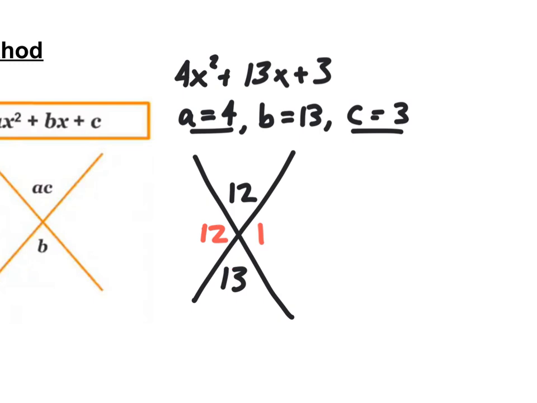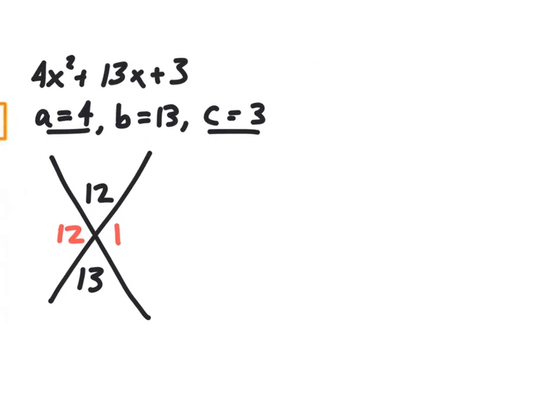So now what I'm going to do is split the middle term. I'm going to show you guys how I do this. Let me rewrite my trinomial 4x squared plus 13x plus 3, and split up this 13x into the sum of 12x and 1x. Okay, so I have to use these numbers to help me.